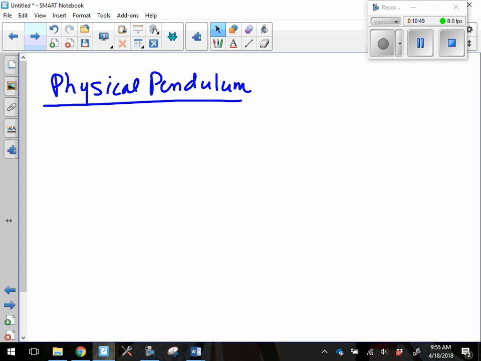Now, a physical pendulum is any pendulum that isn't a compact mass on the end of a string or on the end of a thin rod of negligible mass and radius. So a physical pendulum could be, I take a ping pong paddle and I drive a nail through it and I set it spinning.